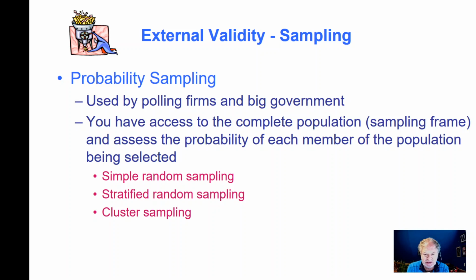When you have access to the whole population, it's really important, when using random sampling, that you're able to determine the probability of each member of the population being selected for your survey or study. We'll talk about simple forms: simple random sampling, cluster sampling, and then stratified sampling. I'll just give three examples of how we can sample from a known population where we have access to each individual within a given population.